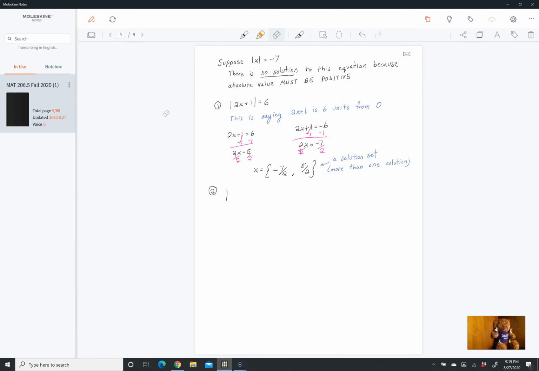Let's say that we have the absolute value of 3x minus 7 is equal to 4. Now, to save a little bit of time, because I know that this is already a long video, we're going to write out the equations that we get from the absolute value, but we're not going to come up with the solution sets for all of them.